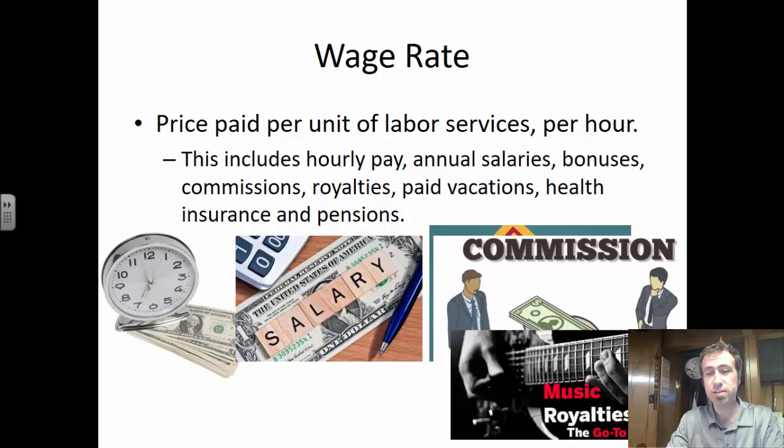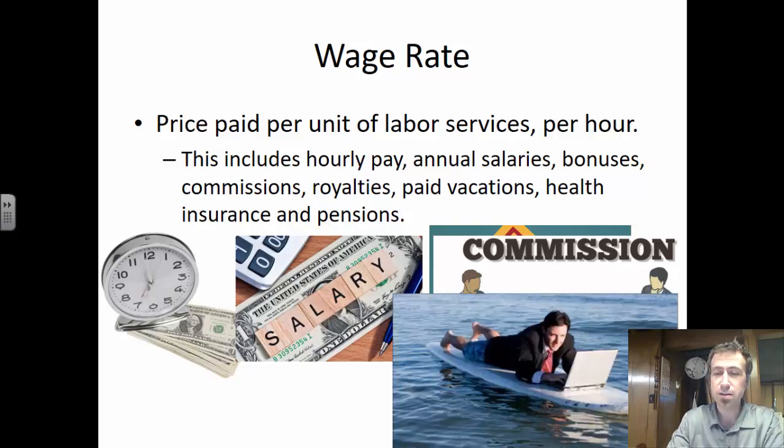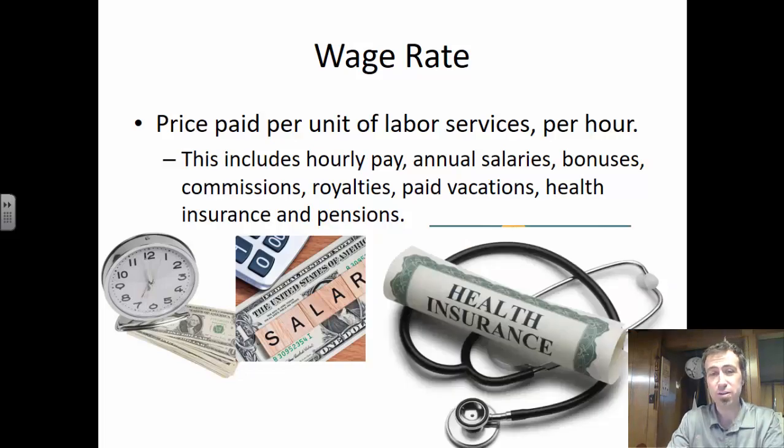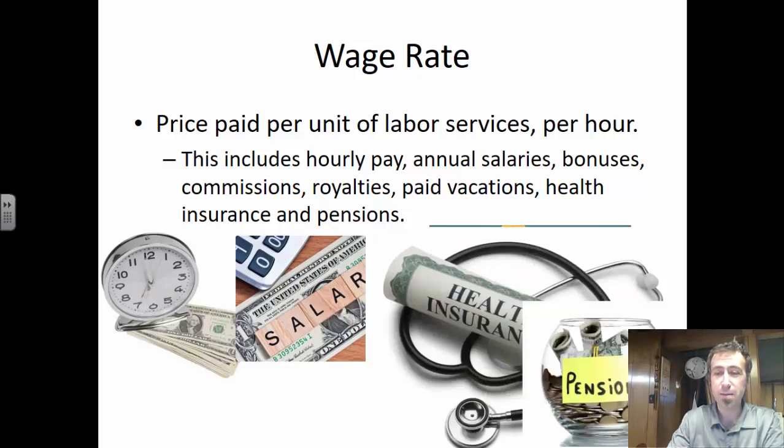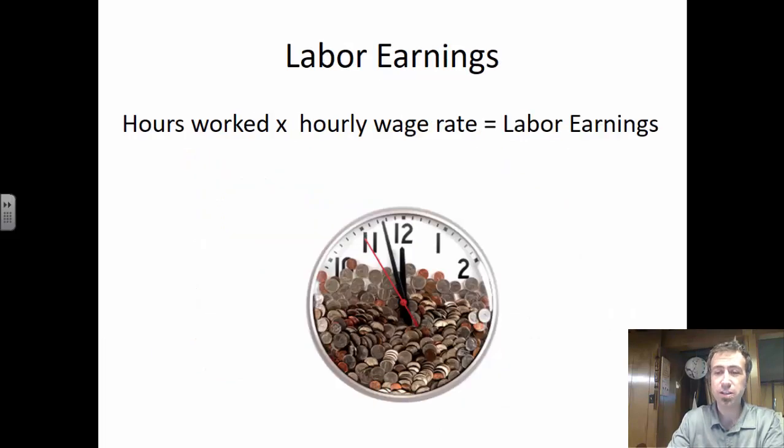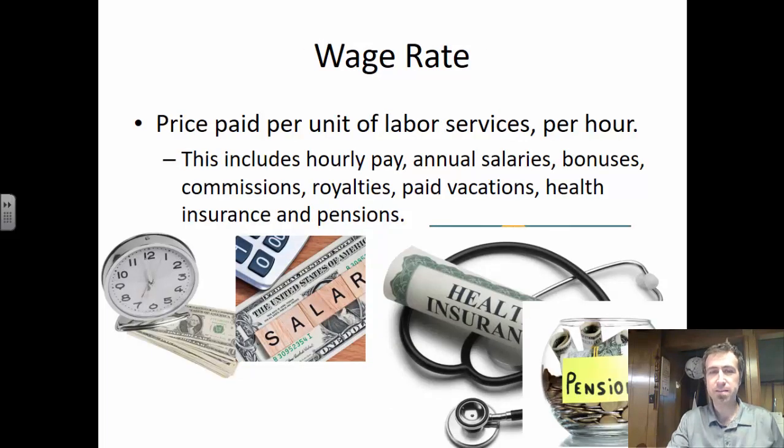It might include royalties, paid vacation, your health insurance, your pension. These are all things that are factored into your wage rate. So anyways, it's a price per unit of labor services per hour.